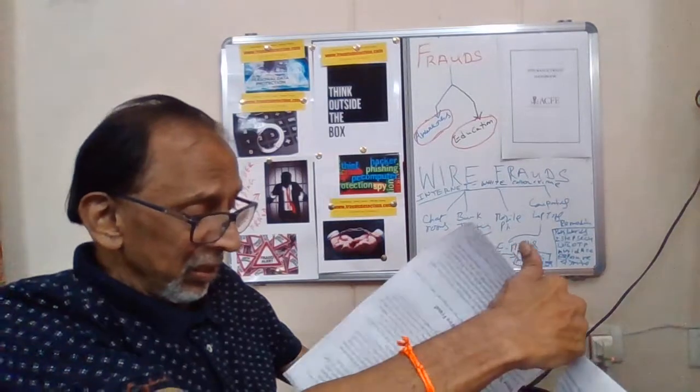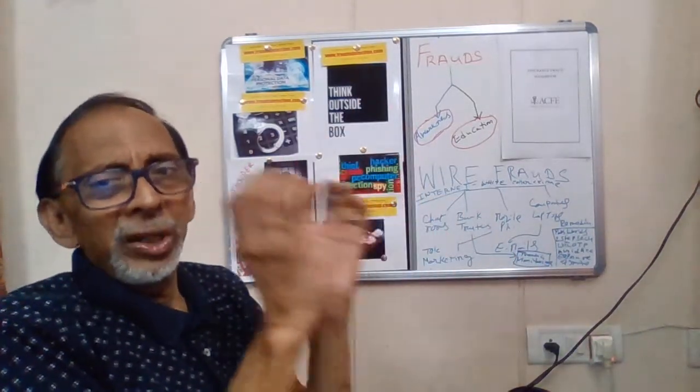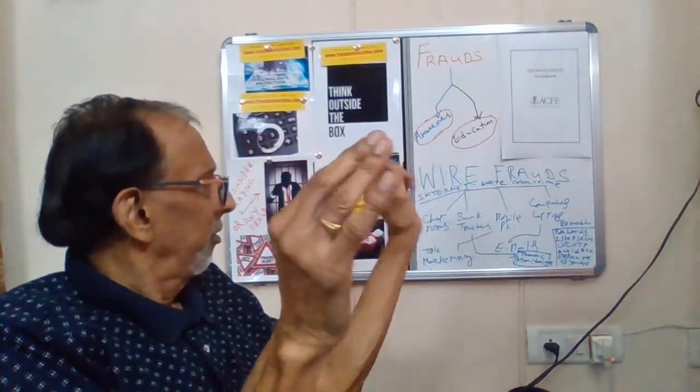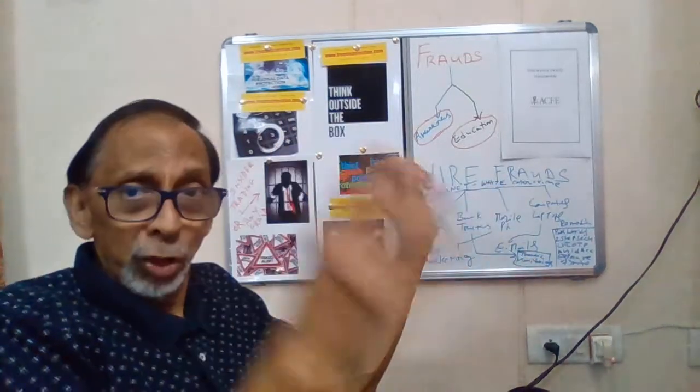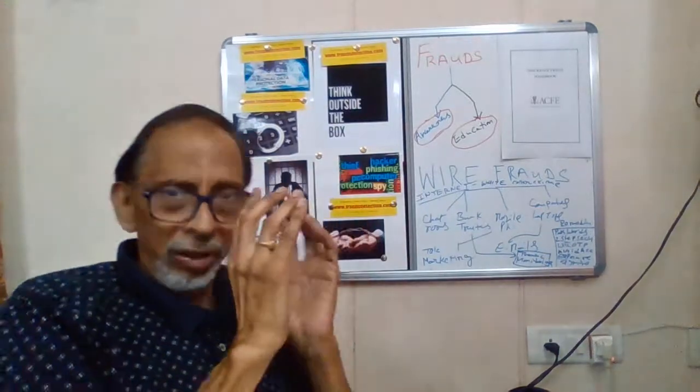So basically, we are talking simply about what a wire fraud is. Anything that is committed across the internet through various means, emails, mobiles, computers, bank transfers, telemarketing, chat rooms, and related things, is called a wire fraud.